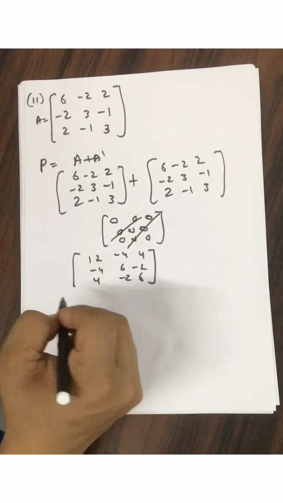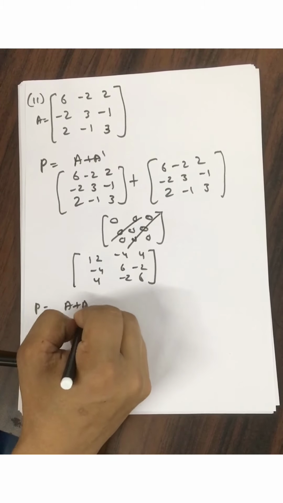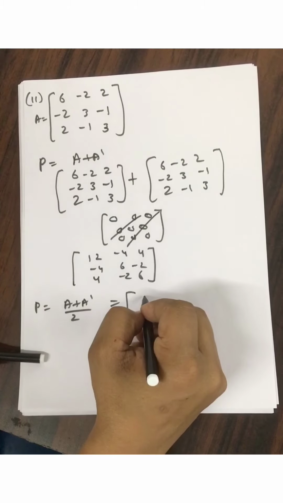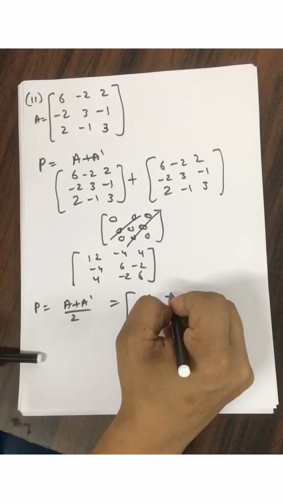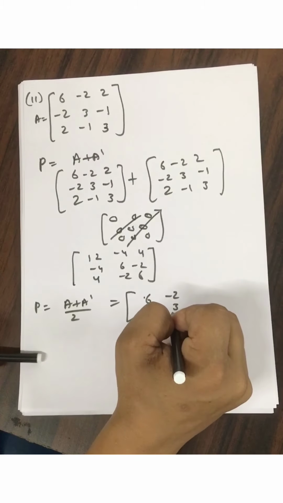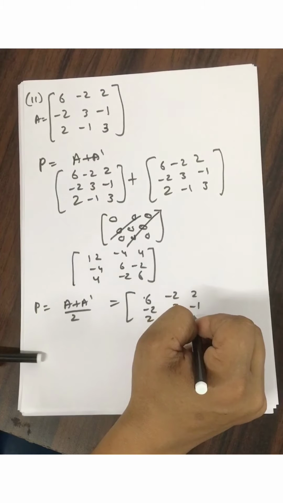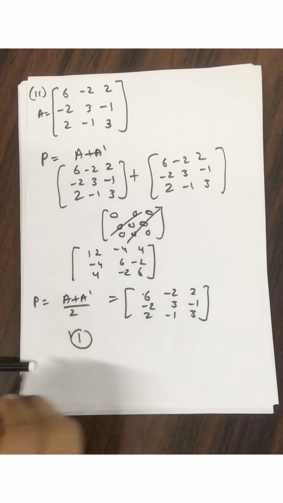Got it? Now if you divide P equals A plus A dash by 2, this will come 6 times minus 2 and 2 times minus 2, 3, and this will be minus 1, 2, minus 1 and 3. Okay, this is the first part.